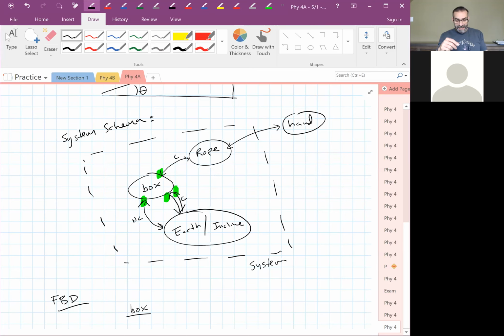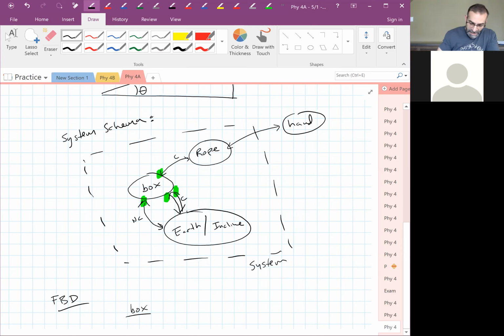So anytime I have surfaces interacting that I'm going to represent as two things in my free body diagram, I draw the double arrow like that to remind me that there's going to be two forces in my free body diagram for that single interaction, right? The box is interacting with the surface. It's really one interaction.